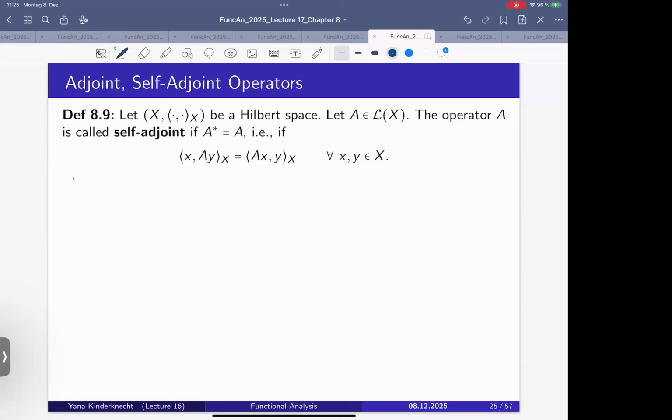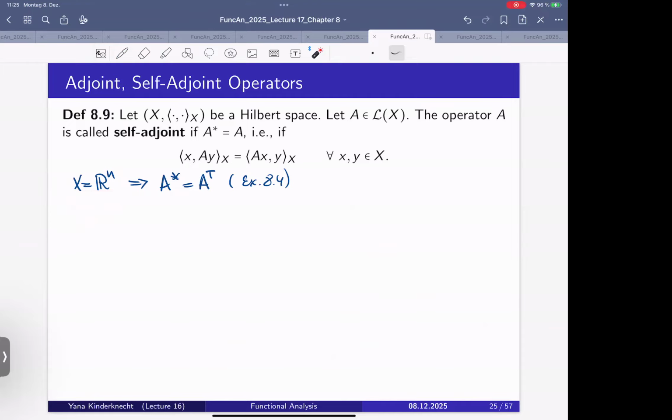Recall that if X is equal to R^n, then A star is equal to A transpose. Example 8.4. And we don't need any complex conjugation in R^n.